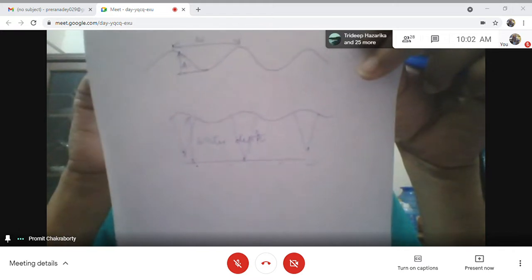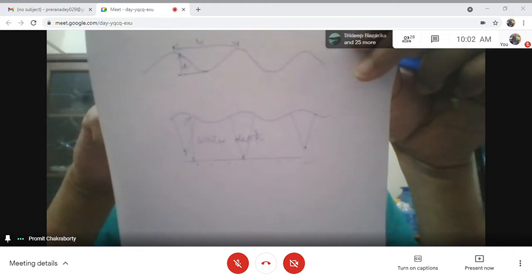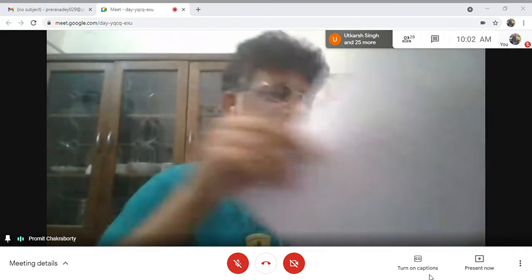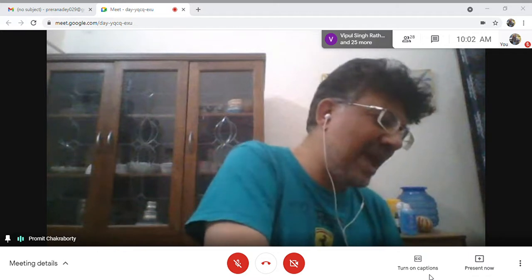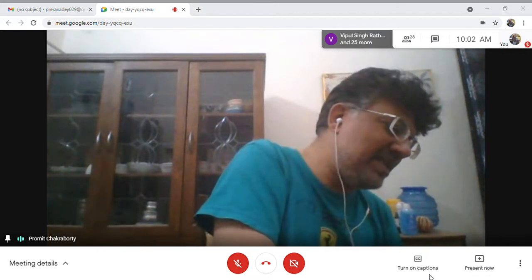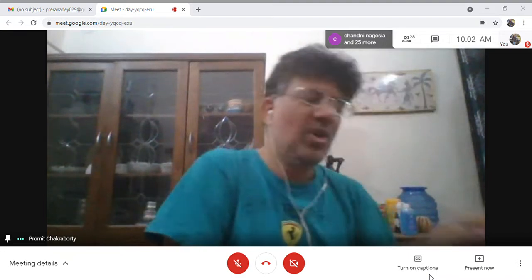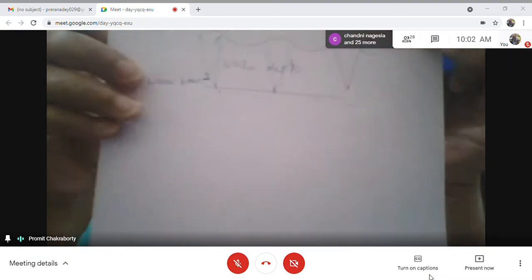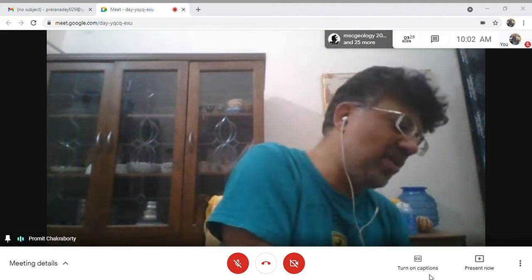Now, up to what depth will this effect of wave be there? If it is a gravity wave, that effect is defined by the wave base. We call it wave base. And what is actually the wave base?